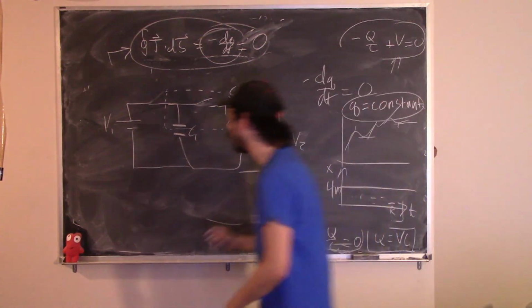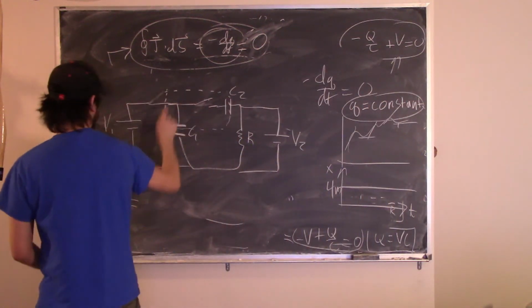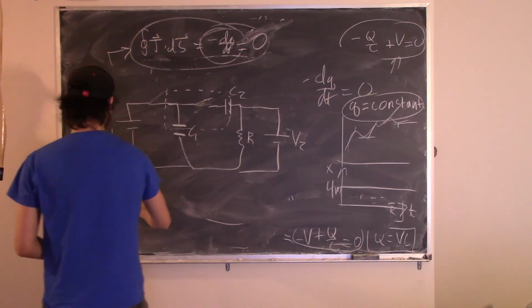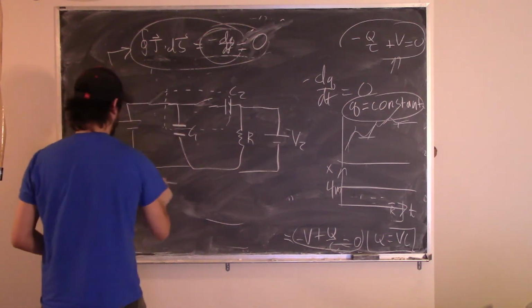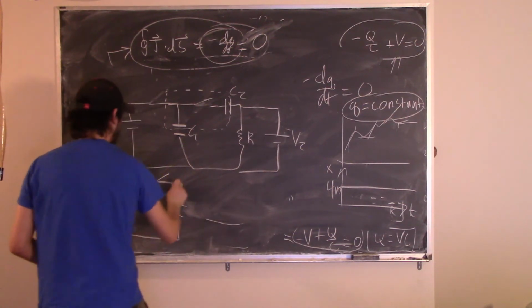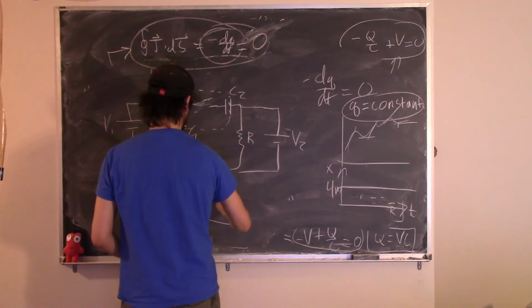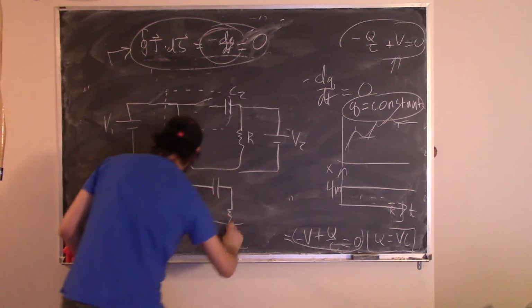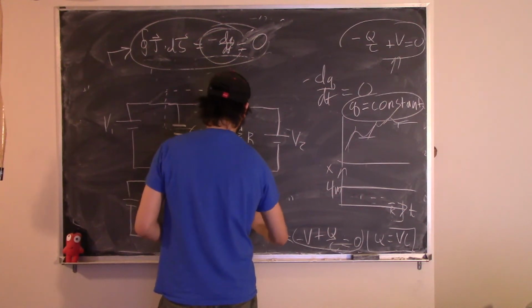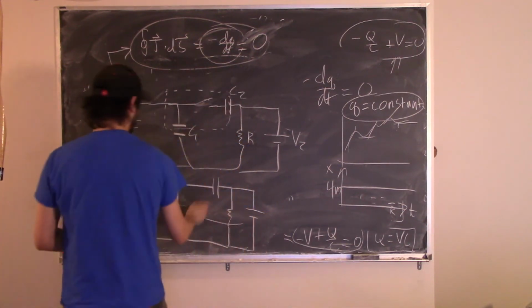And that's true whether I have the first case where this switch is closed and this switch is open, or the second case where this switch is open and this switch is closed. Q inside the box is just a constant.